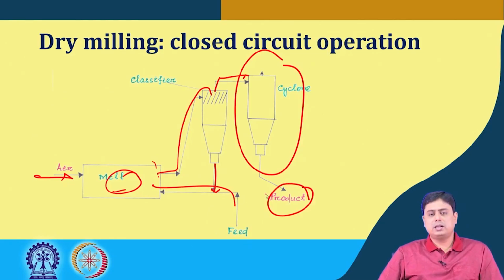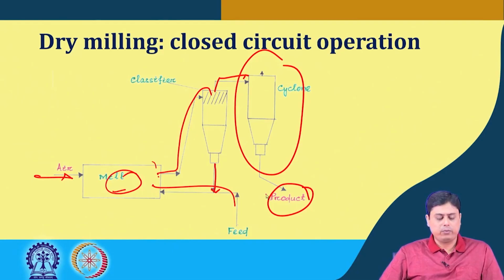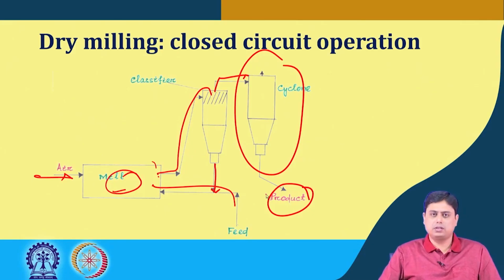So, this is the closed loop or closed circuit operation, where we have mills followed by a closed loop of classifier and the subsequent classification of the finer products.